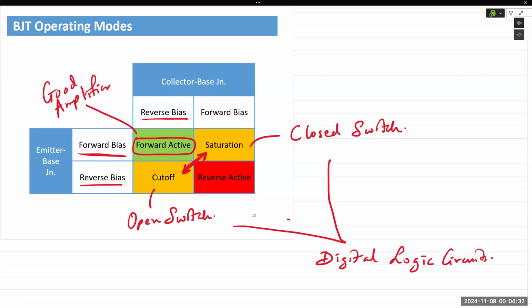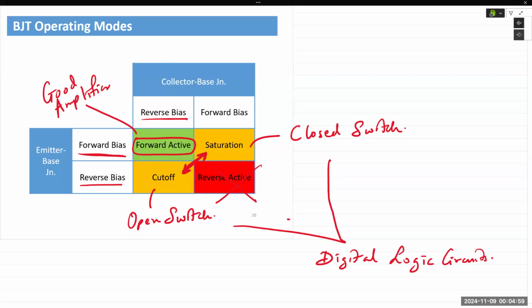The fourth one, however, where the emitter-base junction is reverse bias and the collector-base junction is forward bias, is prohibited, and it's marked in red. It's a reverse active region, and the reason it would not work in such conditions is, of course, because of the asymmetrical nature of the BJT construction.